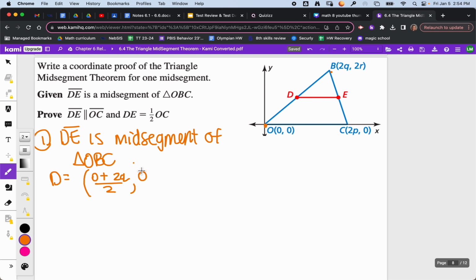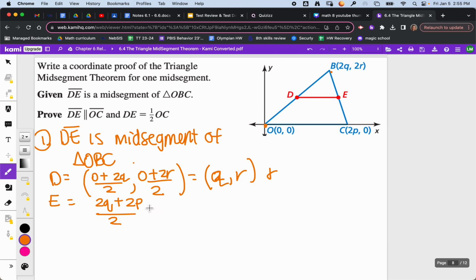And then for my Y, 0 plus 2R divided by 2, which is going to be equal to just Q comma R, and E would be equal to 2Q plus 2P over 2, comma, 2R plus 0 over 2, which is going to end up being Q plus P, comma R, and this is using that midpoint formula.